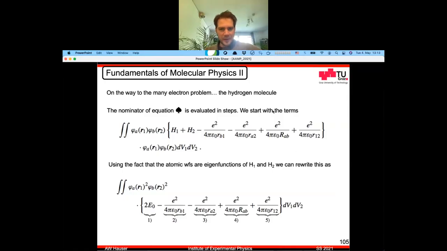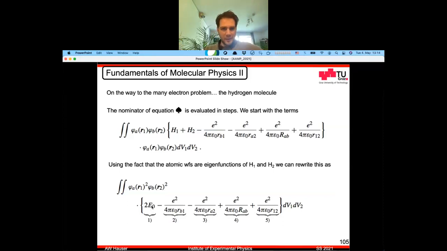If we write down the total Hamiltonian, we have again introduced the shortcut that the kinetic energy of the single electron plus the interaction energy of the electron with its corresponding nucleus is the actual atomic Hamiltonian. So we see immediately that H1 and H2 can be replaced by the corresponding atomic eigenenergy. Why? Because H1 and H2 are parts of the total Hamiltonian which each depend on only one electron coordinate, since it is the interaction of this one electron with this one core.